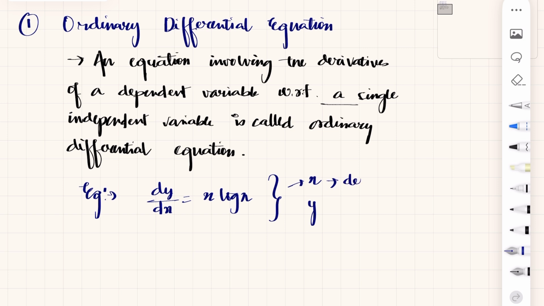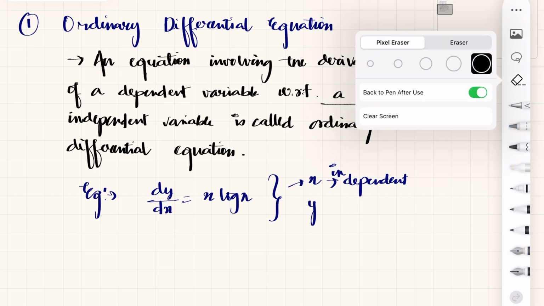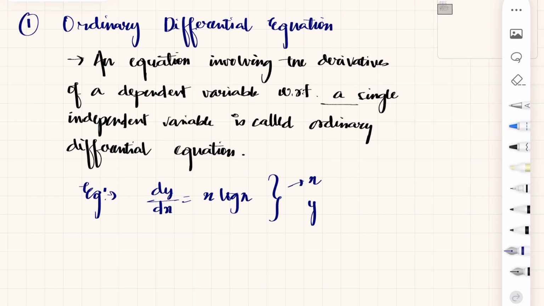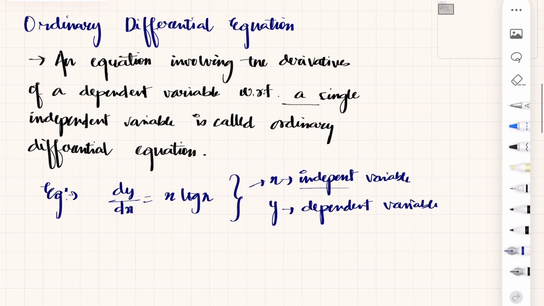This is the independent variable, x, and y is the dependent variable, right?